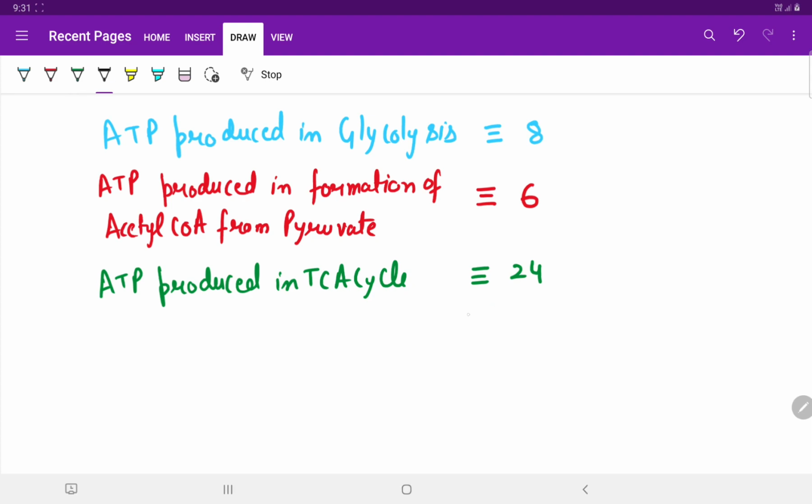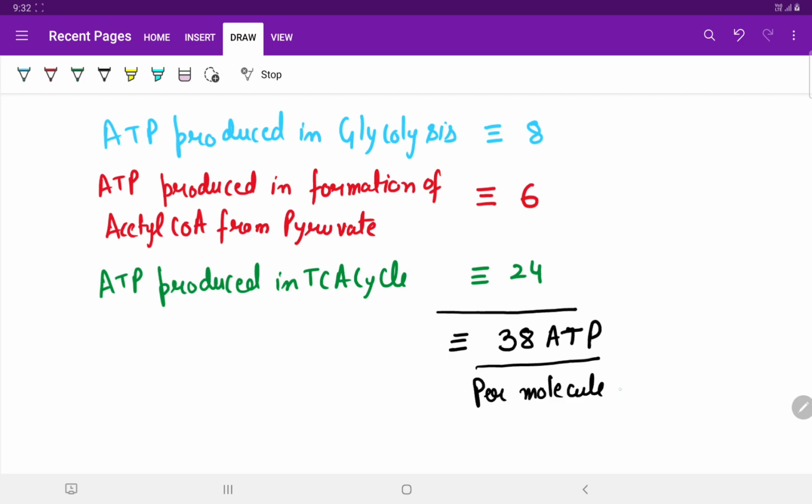So in total 38 ATPs are produced. So in total 38 ATPs are produced per molecule of glucose. So for one glucose molecule a total of 38 ATPs will be produced in both glycolysis and TCA cycle.